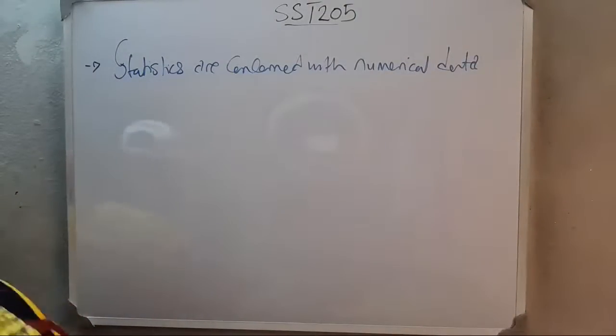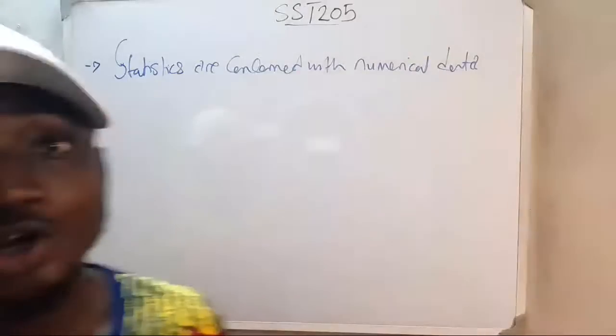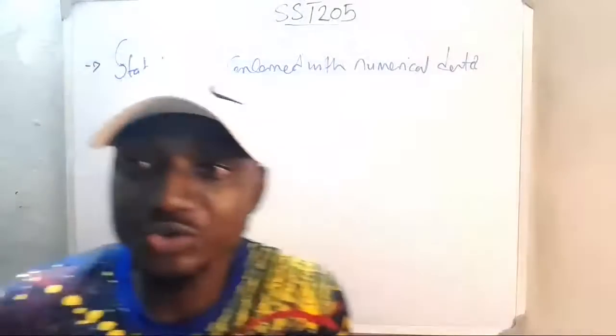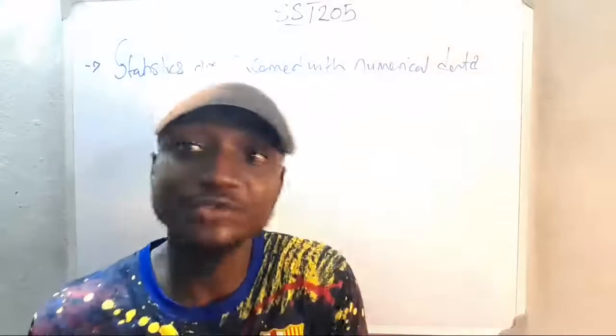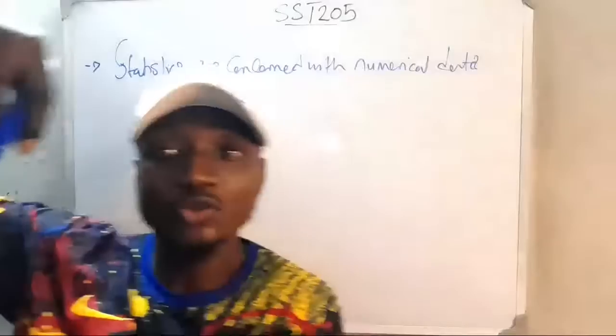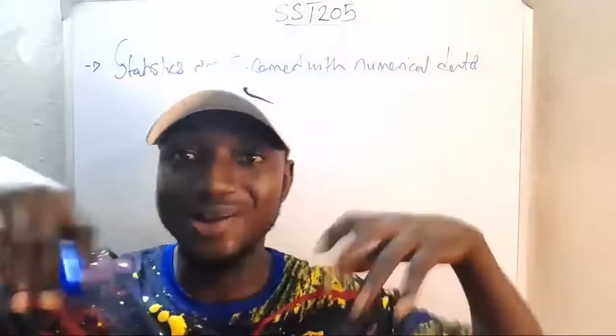on the nutritional well-being of a certain population in a school. In a school, you have primary school and secondary school, and even in secondary, you have junior secondary and senior secondary. If you want to carry out a research, you have to have a population you are targeting.